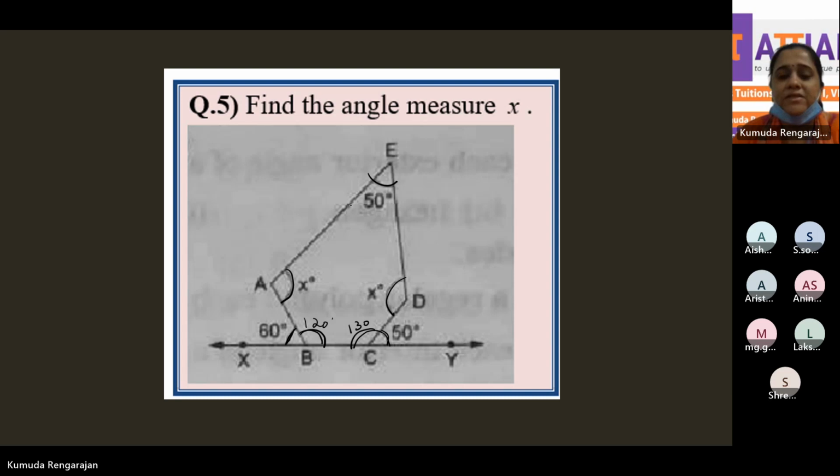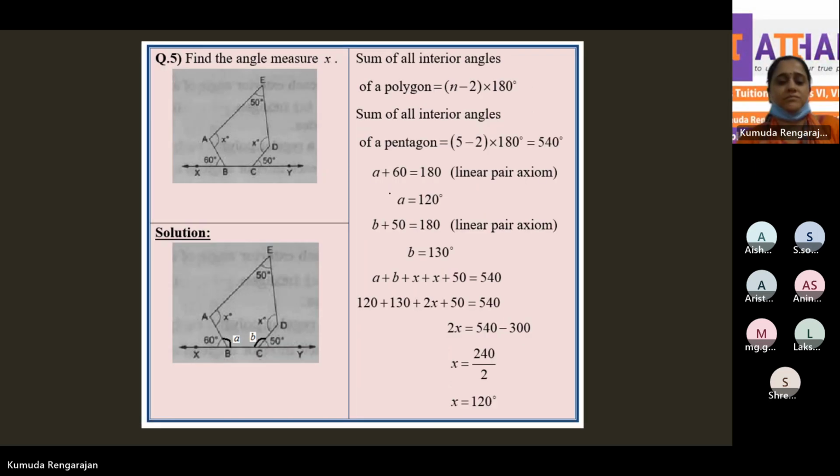The sum of the 5 angles, angle A plus angle B plus angle C plus angle D plus angle E, is equal to 540. Ma'am, it will be 120. Yeah, very good.